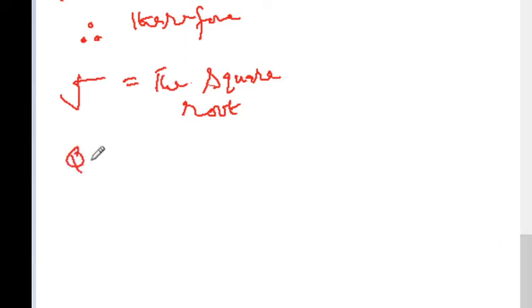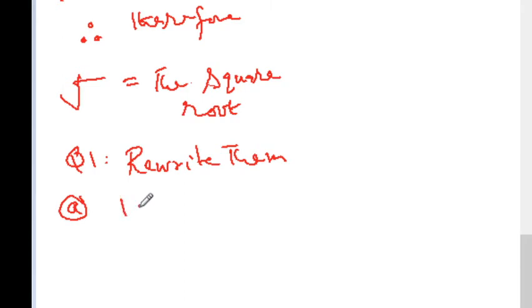Now question number 1 has parts A to M. They say rewrite each of these statements using mathematical symbols. The first part is given to us: 19 is less than 45.